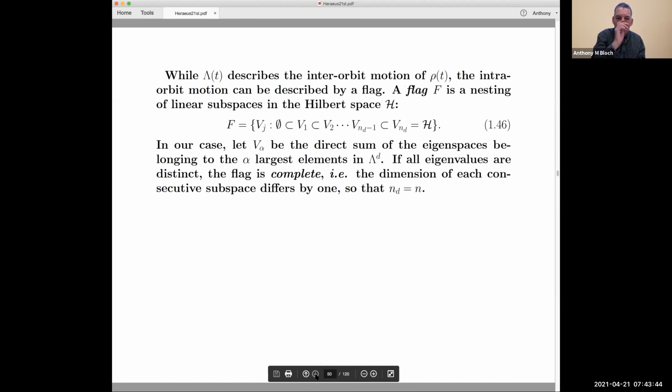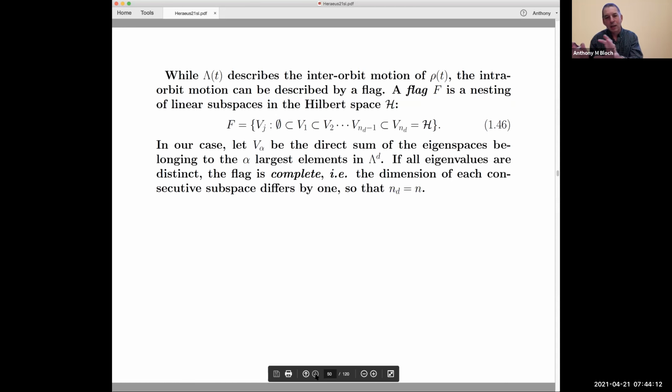The idea is that lambda, which I've just described, describes the interorbit motion. The intraorbit motion is described again by a flag, which is an orbit of the unitary group. So you have this nice picture, which generalizes what I just described, where you have a control problem for the lambdas. You want to control the lambdas, and your control is over the orbit dynamics.